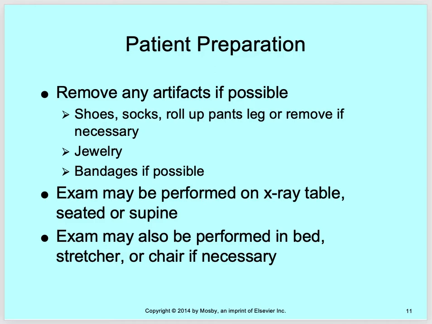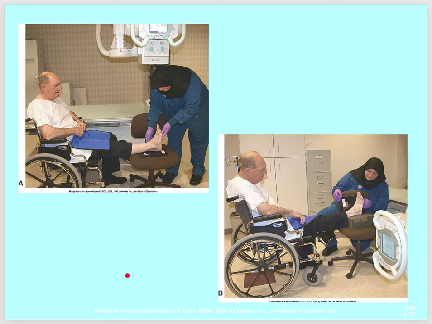Exam may be performed on the x-ray table, in a seated position for the patient or in a supine position for the patient, whatever's easiest for them. And then you can also perform these images in a bed, in a stretcher, in a wheelchair, if necessary. So you can see here, this one's being done in a wheelchair.